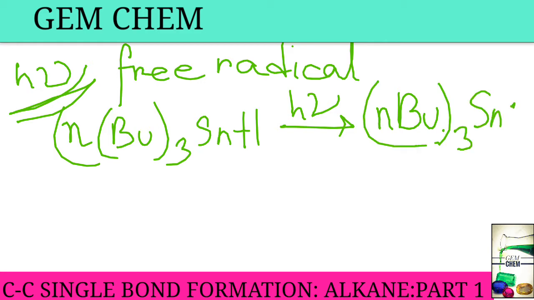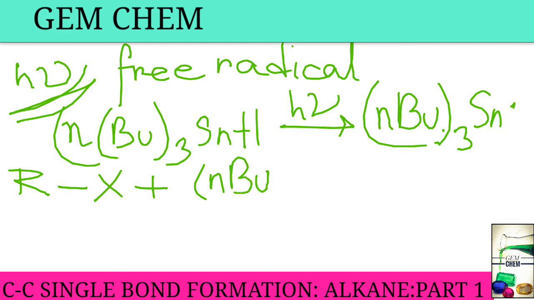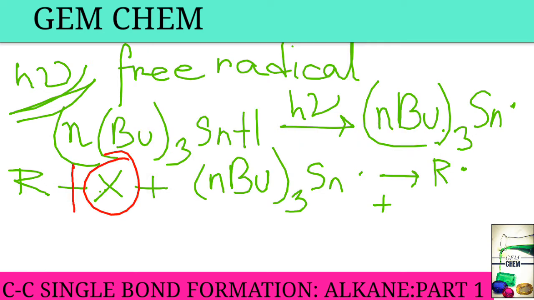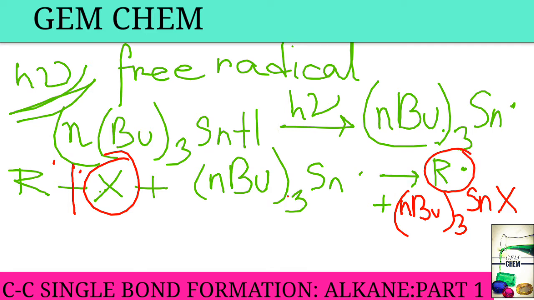Now this Sn dot from RX plus this radical forms R dot radical, and this X gets bonded with this NBu3Sn. So we get NBu3SnX.